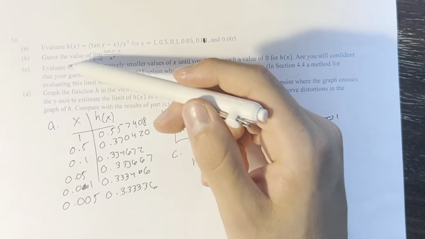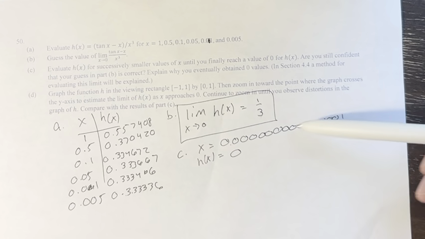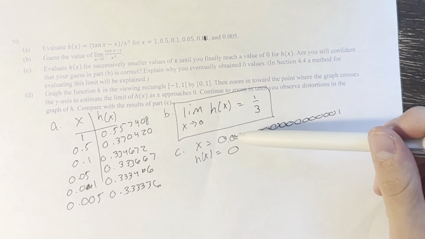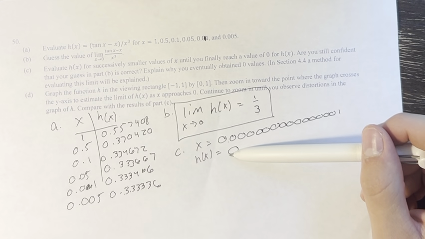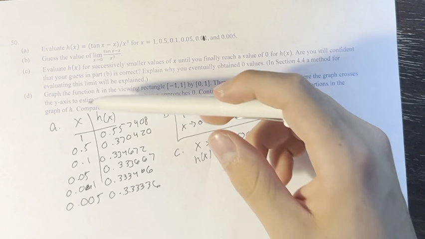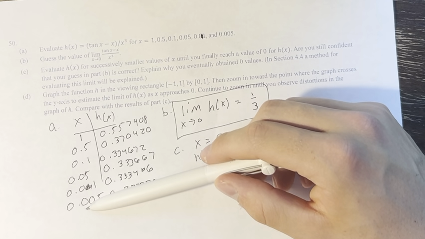Are we still confident that our guess in part B is correct? Well, no, we got a value that's very, very close to 0, and we plugged it in, and we didn't get 1/3, we got 0. So there's a couple things that could be going on here. One, you have to be careful about assuming that a pattern is going to hold just because it holds for certain numbers, right?